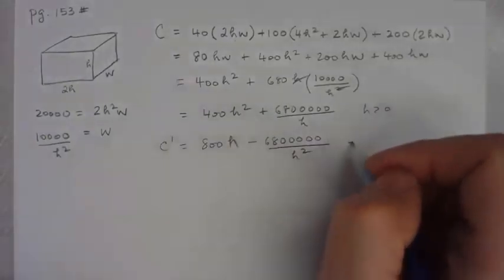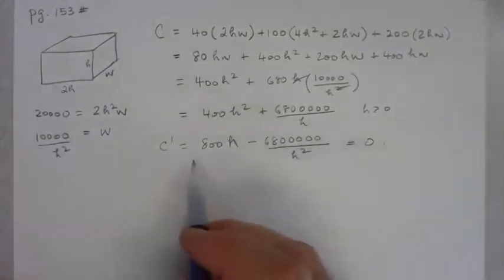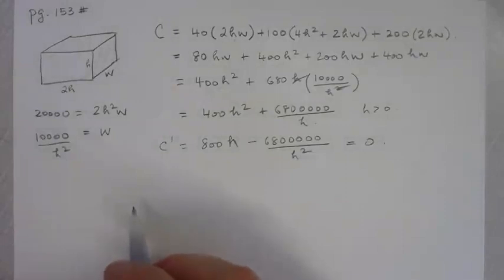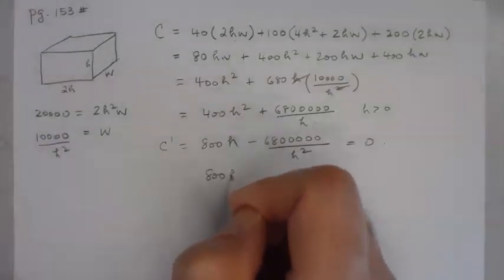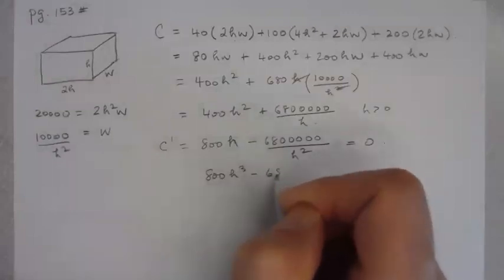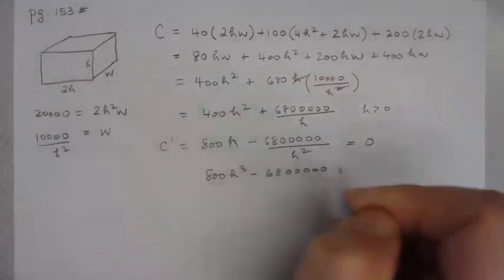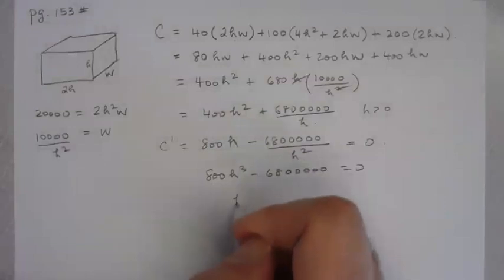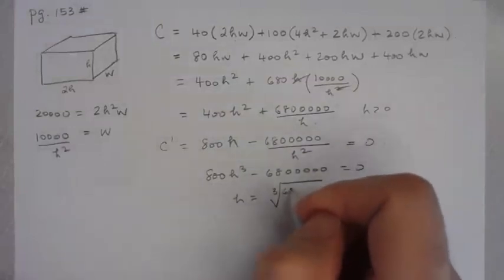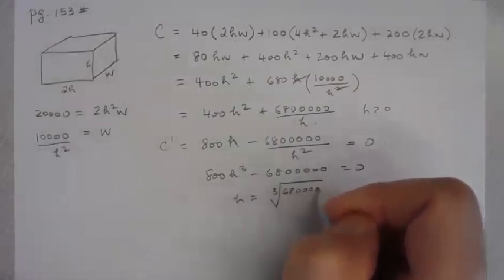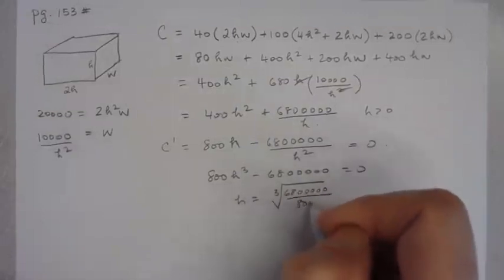Okay. And of course, we want that equal to 0. Clear out the denominators by multiplying both sides by H squared. So we have 800 H cubed minus 6,800,000 equals 0. So H is equal to the cube root of that.